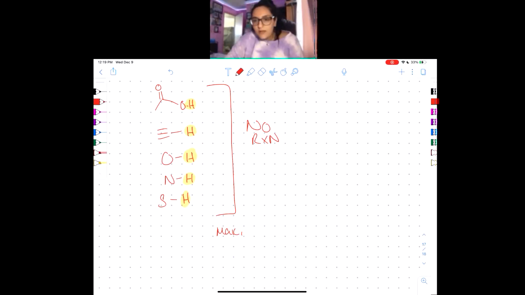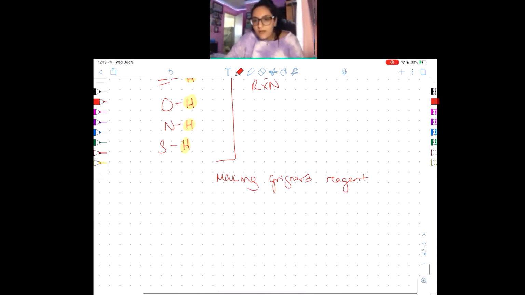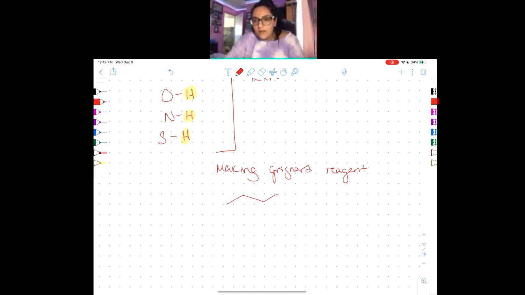If we're making the Grignard reagent, we want something simple and straightforward that looks like this, or like this, any kind of halogen. And you want it to be as least sterically hindered as possible.